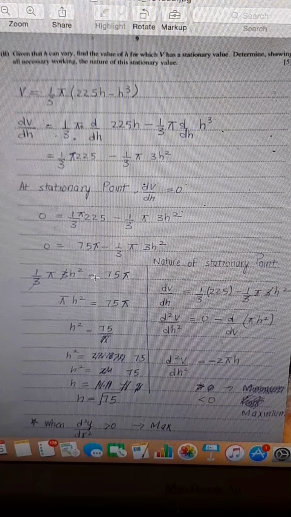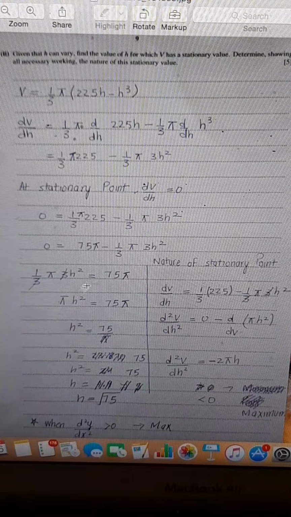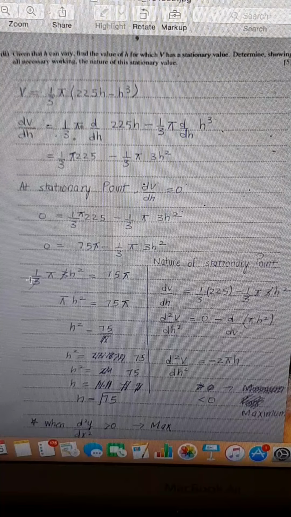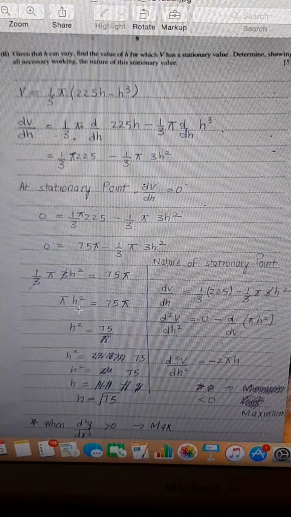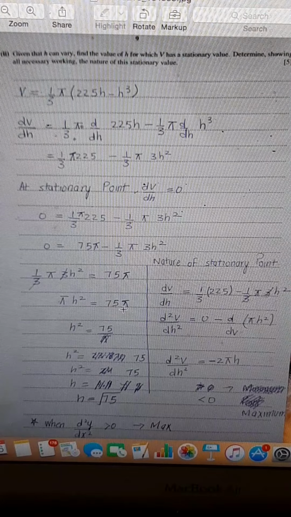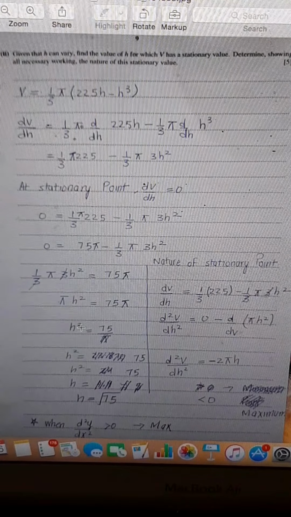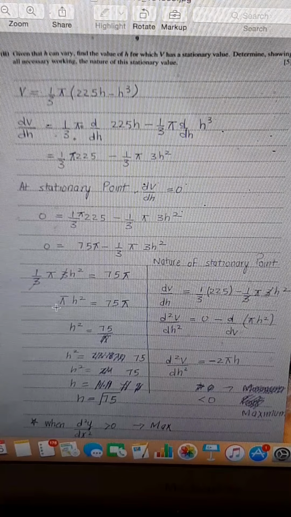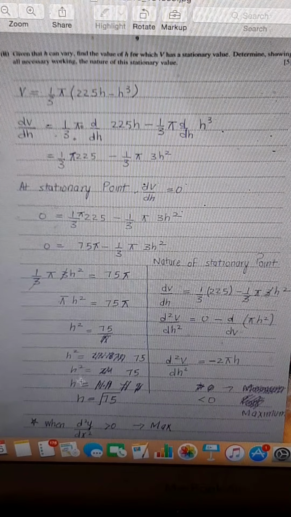Now from here you can find the value of h. This 1/3 pi 3h squared will come to the left side, it will become plus. Now 3 and 3 will be cancelled, so pi h squared is equal to 75 pi. From here h squared is equal to 75, as pi and pi will be cancelled, so h will be equal to the square root of 75.